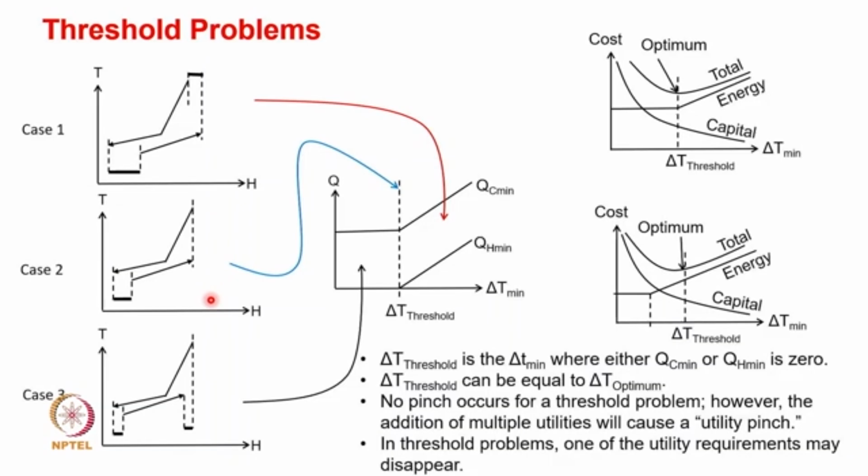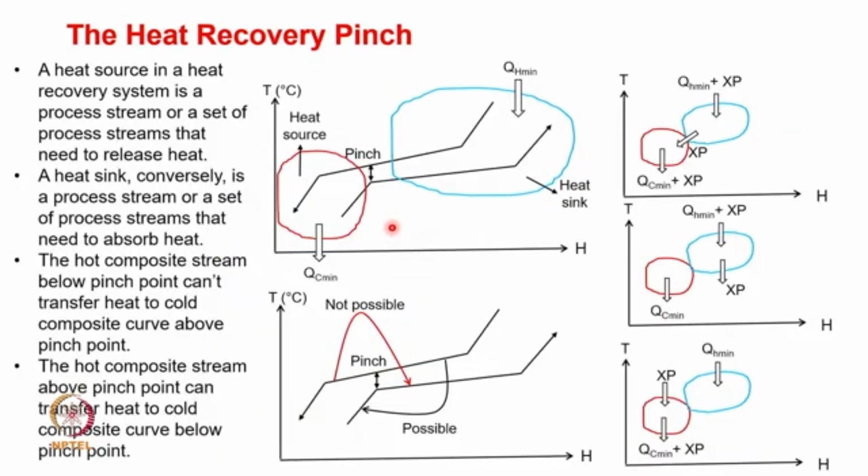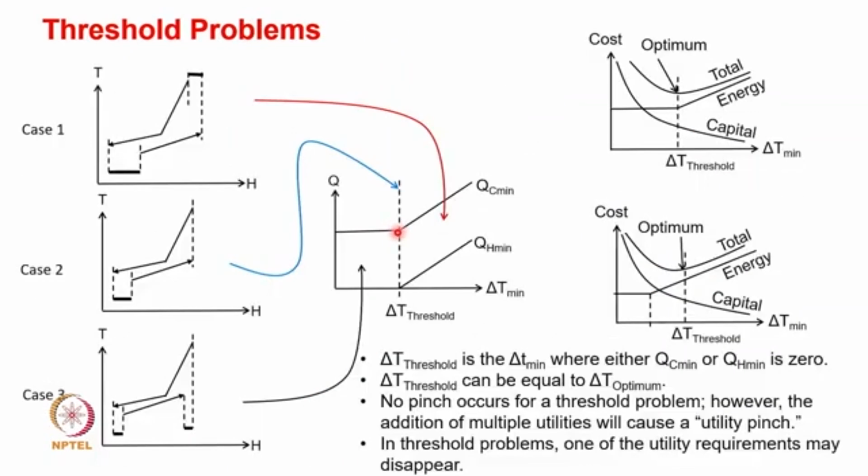In threshold problems, one of the utility requirements may disappear. Here, as we also see, the hot utility requirement has completely disappeared, so in this case we are only supplying cold utility. Once you are past the threshold and you further move the curve backwards, the total cold utility will not be reduced.